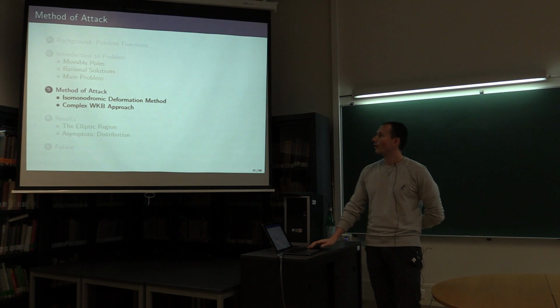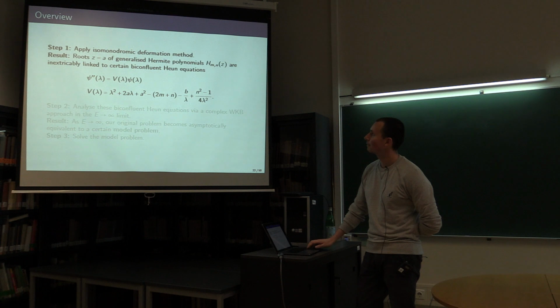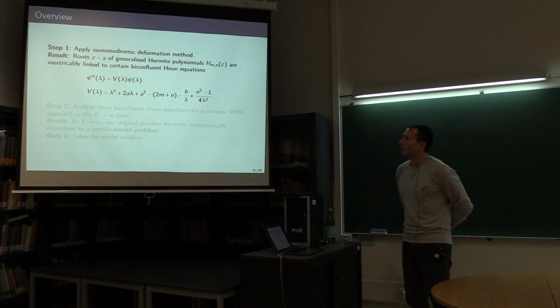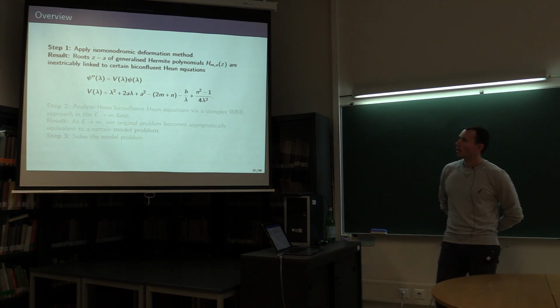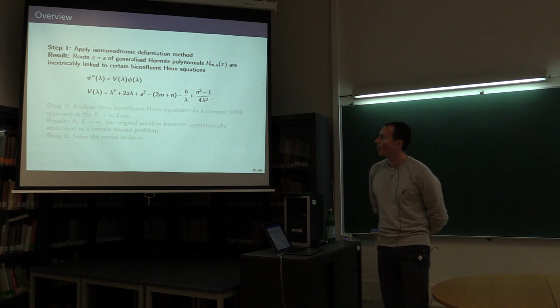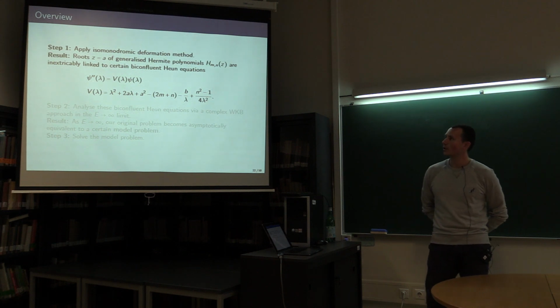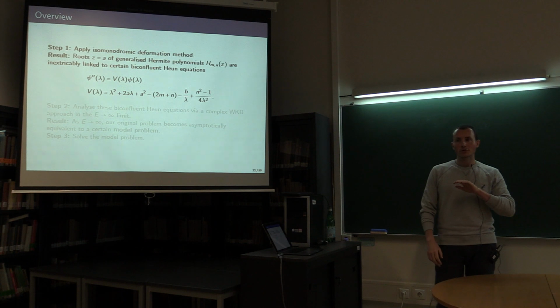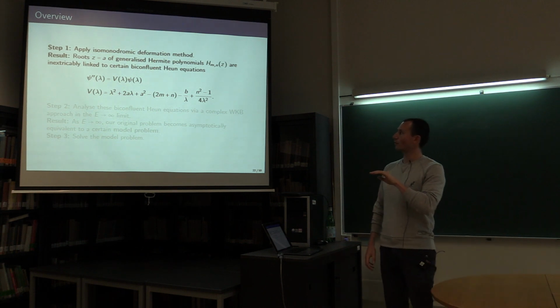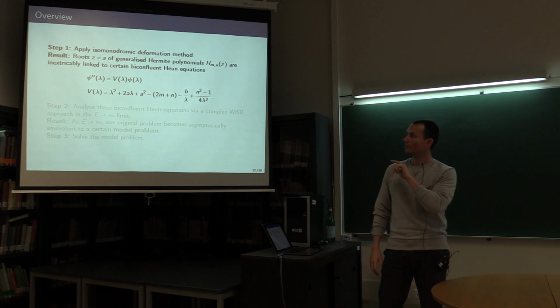Okay, so now I'll discuss our approach to try and solve these problems. I'll first give a bit of an overview. First we apply what is called the isomonodromic deformation method. And the result of this is that we find that roots of these generalized Hermite polynomials are in one-to-one correspondence with some biconfluent Heun equations, which satisfy some monodromy conditions.